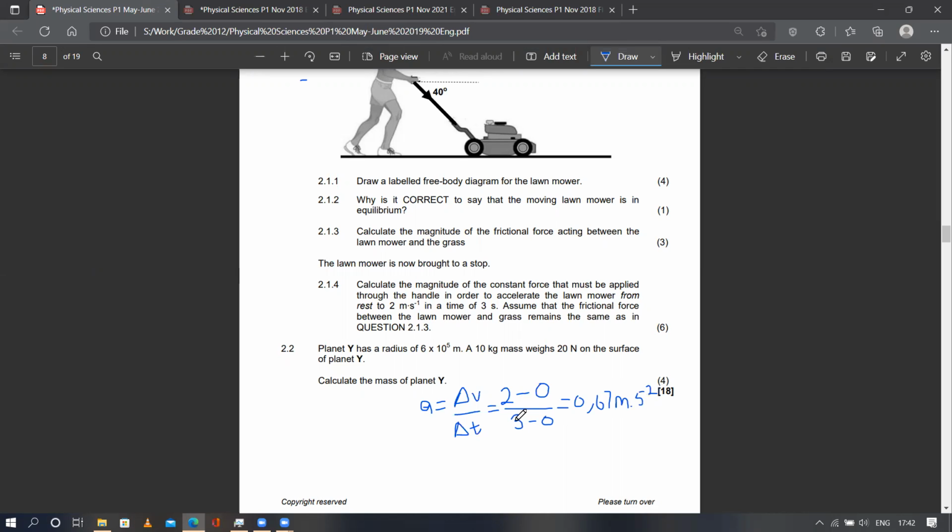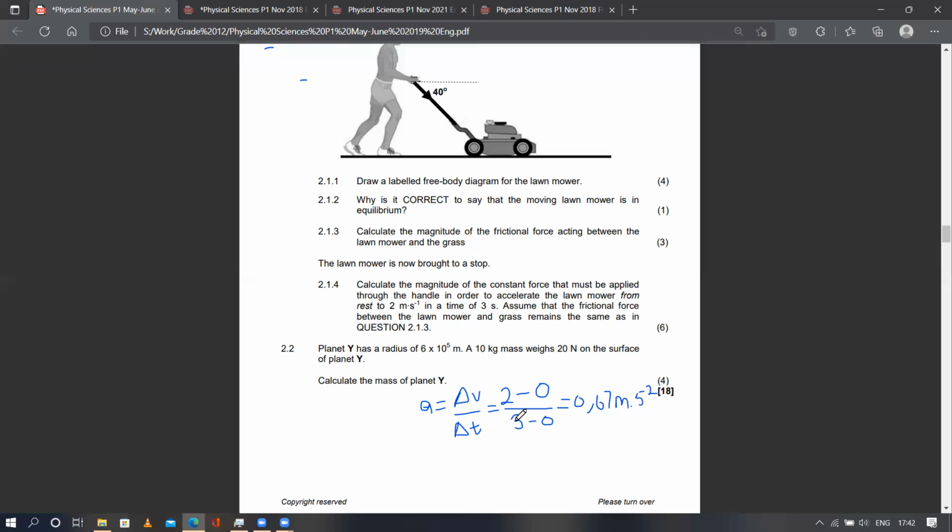So now that we know our acceleration, we also know our force, so our frictional force.